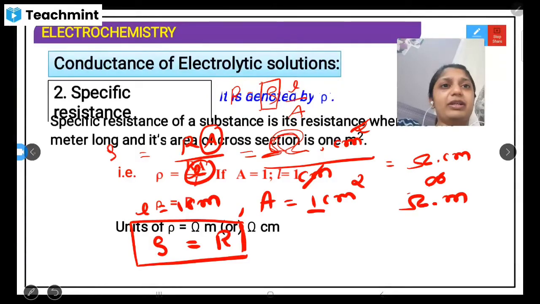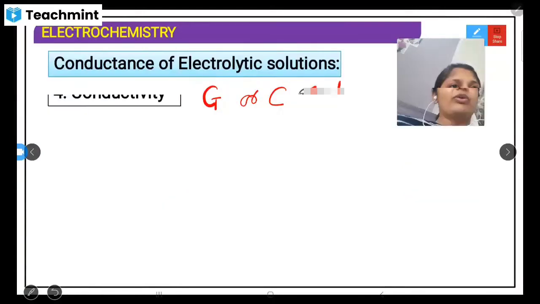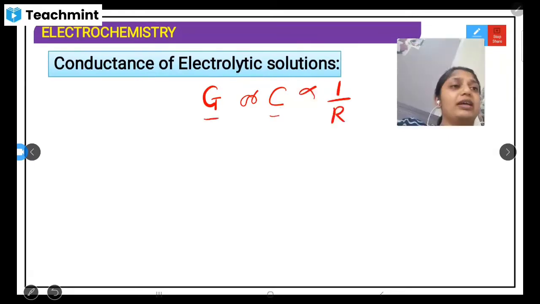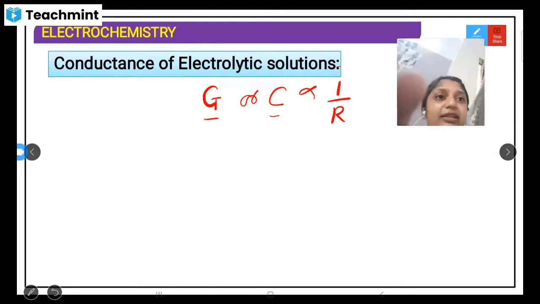Reciprocal of resistance is known as conductance, and conductance is denoted by the symbol G or C. It is the reciprocal of resistance, completely opposite. Conductance carries forward the flow of electrons or ions, whereas resistance retards the flow of ions or electrons. Understood?